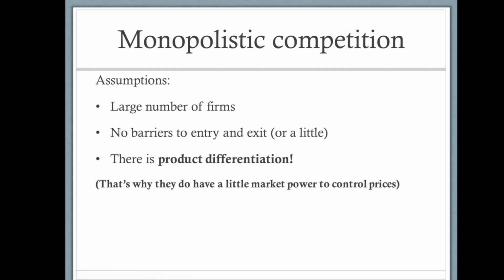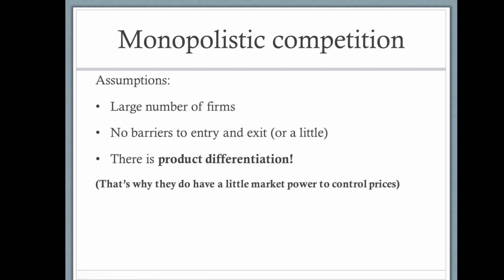Also, we assume there are no barriers to entry and exit, or just a little bit. So you can realize why there might be a little bit of barriers to entry or exit in this market.